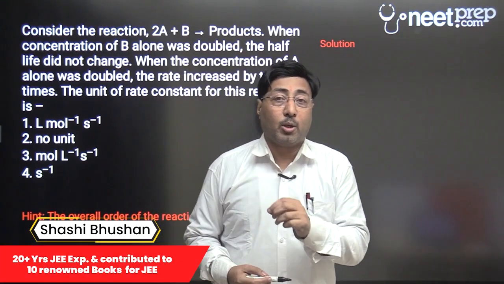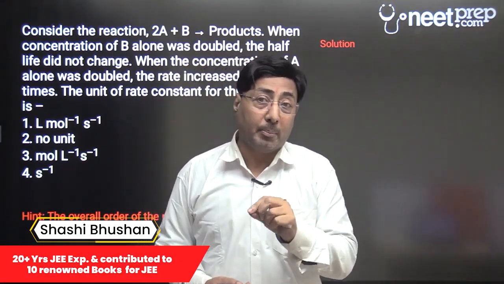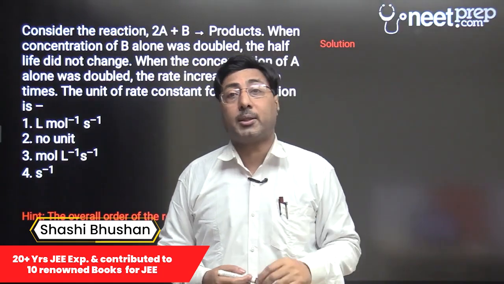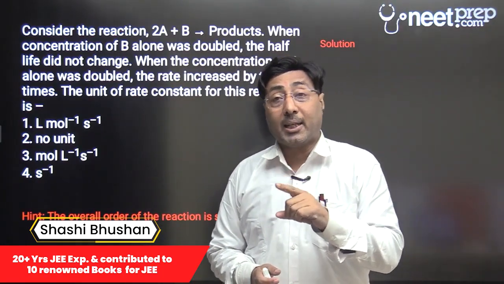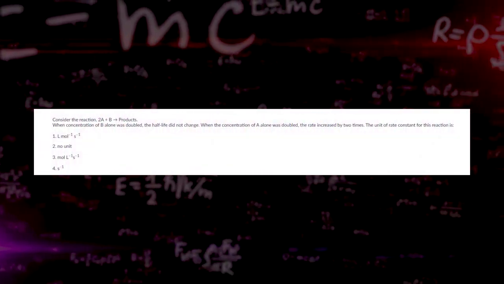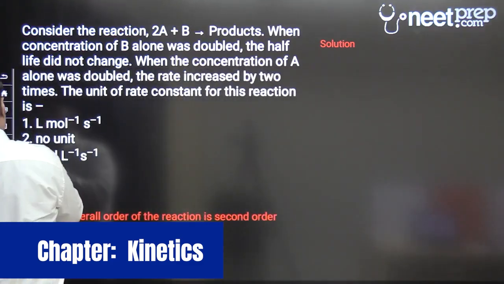You need to find the unit of the rate constant. Very easy task. But before that, you need to be very sure about the order of the reaction, because the unit of K depends on the order of the reaction.